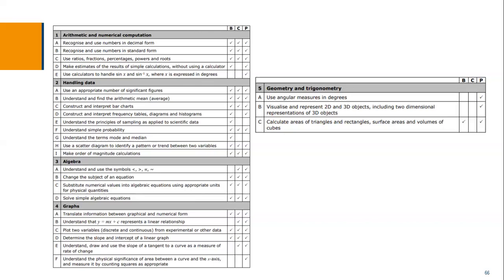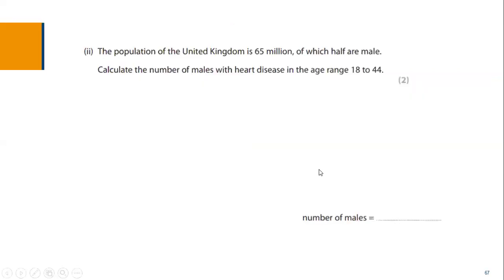So if we have a look, this is a typical maths question. You've got the population of the United Kingdom, which tells you that half of them are male. You've already had some data on the percentage of males with heart disease in the age range 18 to 44.